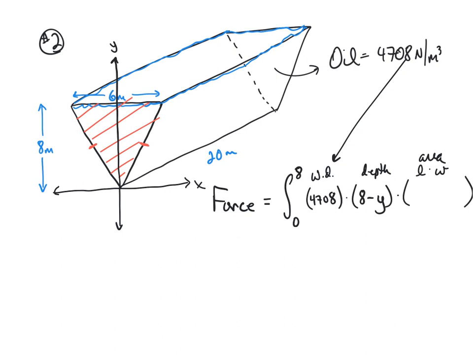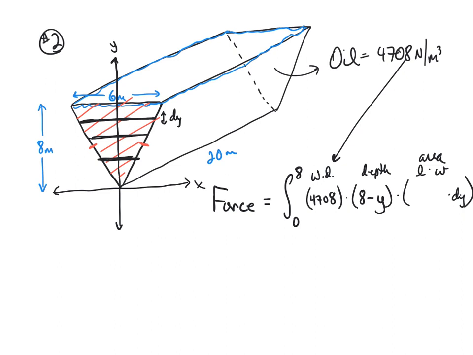Okay? And now finally, the toughest one is the area. So we have to actually think about what some of these layers would look like. Here's a layer of oil, or here's a layer, or here is a layer. Now again, all of these layers are going to be infinitely skinny up and down because of gravity. So one of the dimensions for our areas is going to be infinitely small, so that becomes our differential dy.